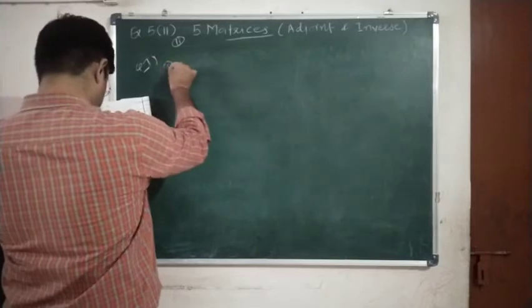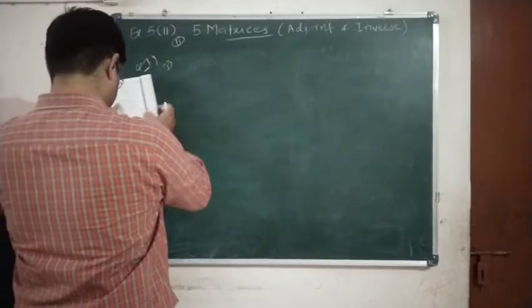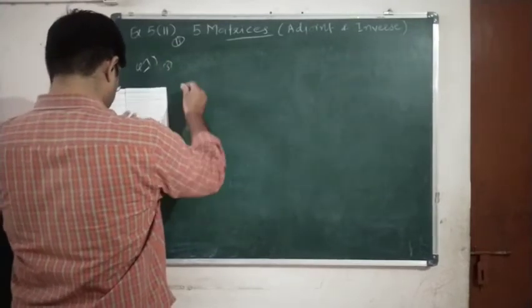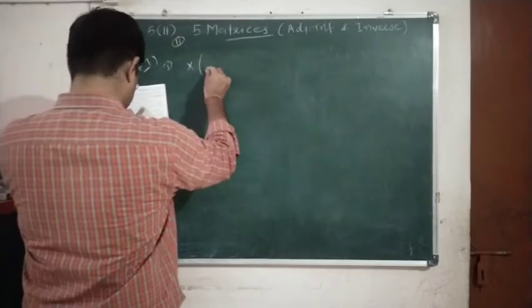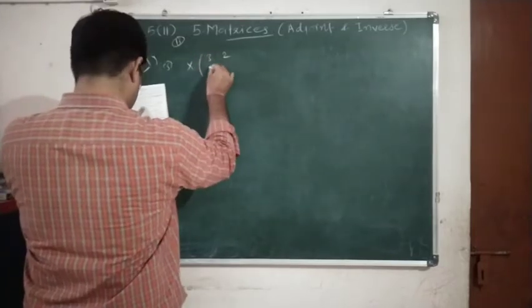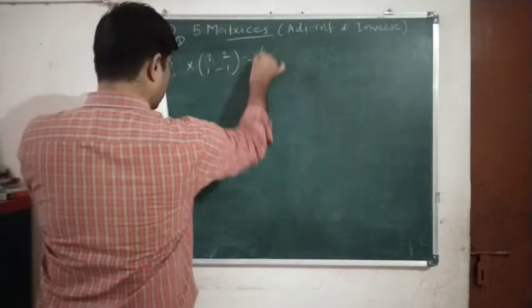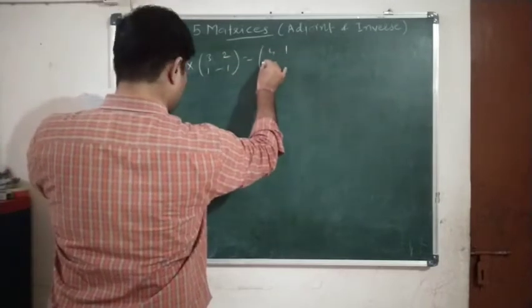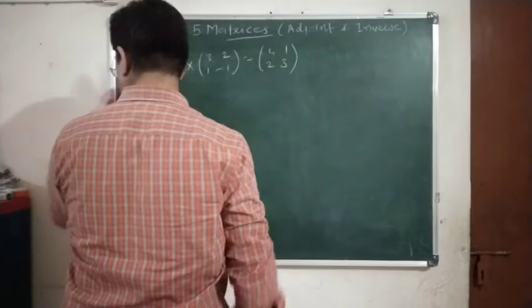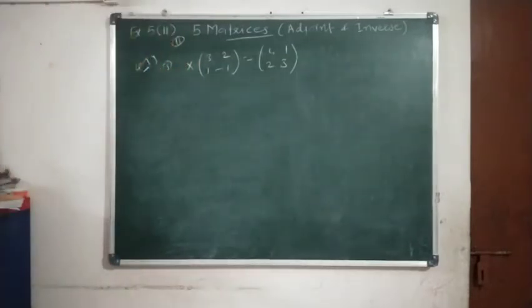Question number 1, third one. Okay, we are given: find the matrix X for which X into 3, 2, 1 minus 1 is equal to 4, 1, 2, 3. Okay, now let us solve this.